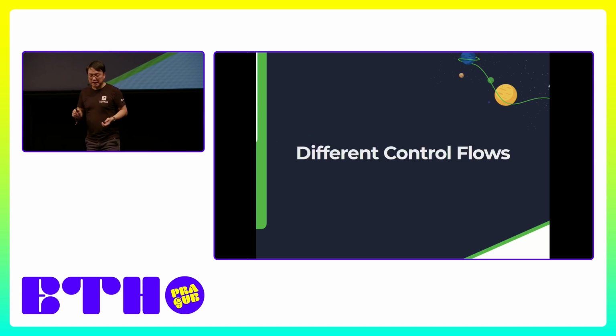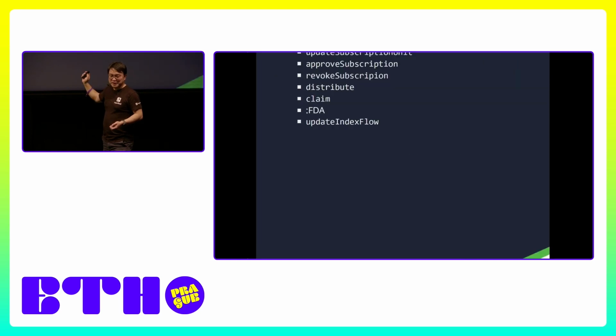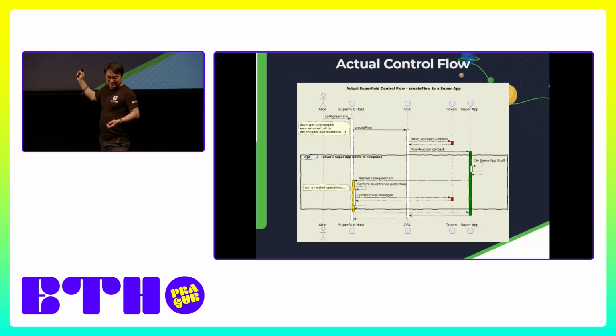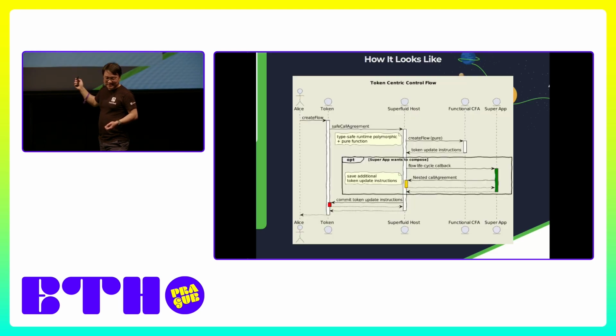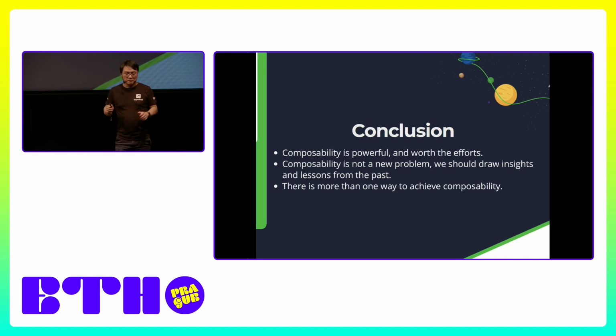All right, I think I'm running out of time, so I'm not going to go through how we actually did our control flows. I'm going to just talk about the last conclusion. So my conclusion would be composability is powerful and worth the effort, right? Callbacks are powerful and worth the effort.